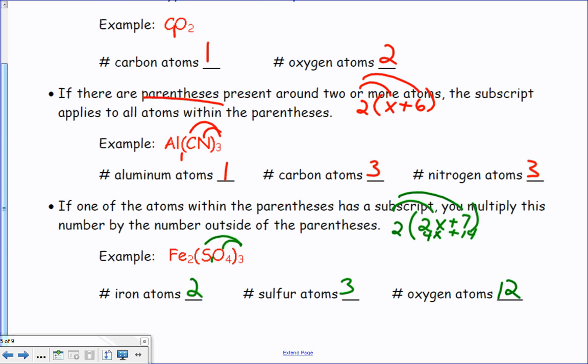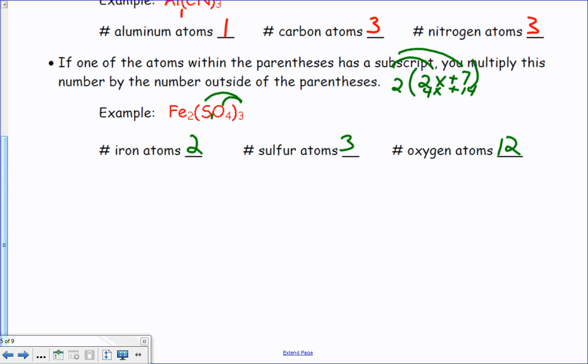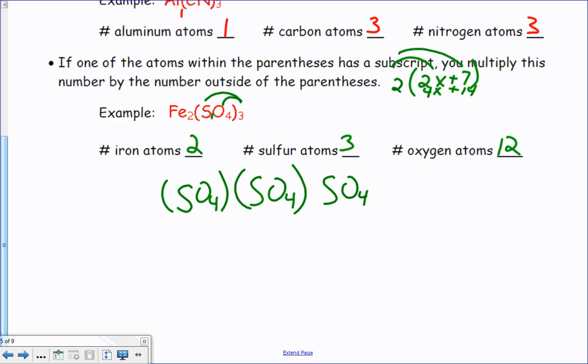All right, I'm going to show you one other way to conceptualize this other than the algebra method. If I have 3 SO4s, what that means is I have SO4, SO4, SO4, right? It's really what it means. I have 3 of these packets of SO4s. How many sulfurs?